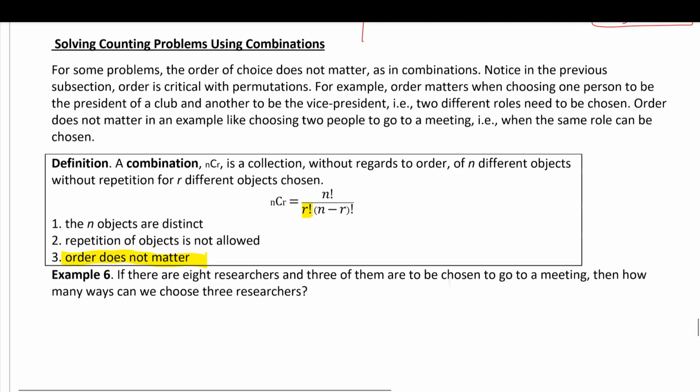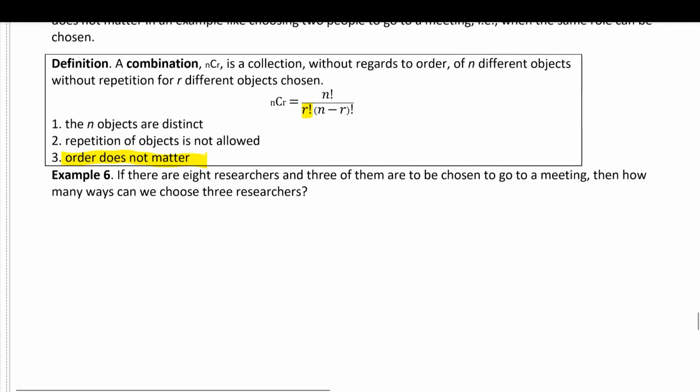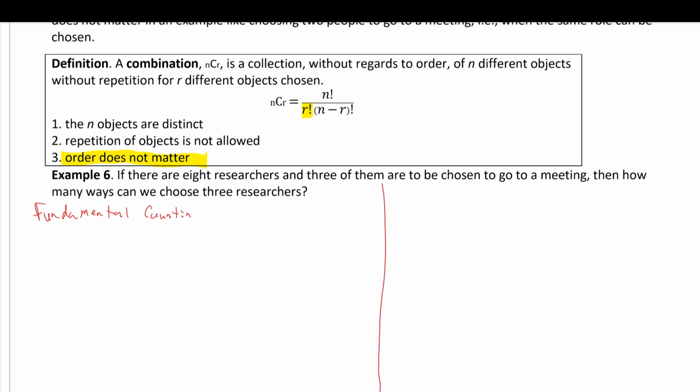So let's do this problem the same way that we did permutations. I'm going to start off with the fundamental counting rule. Now the fundamental counting rule actually comes up with the number of permutations, and permutations are where order matters.